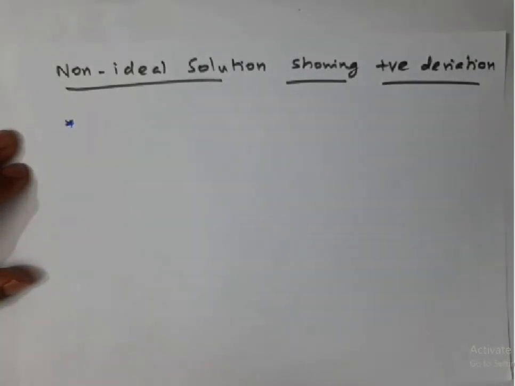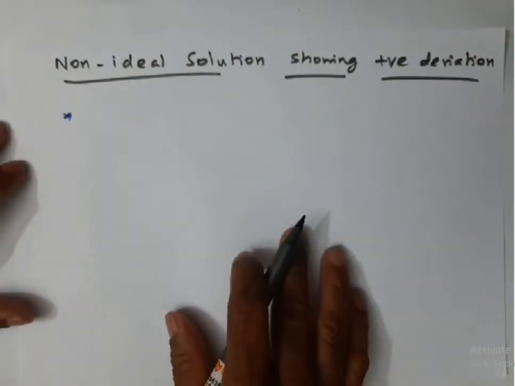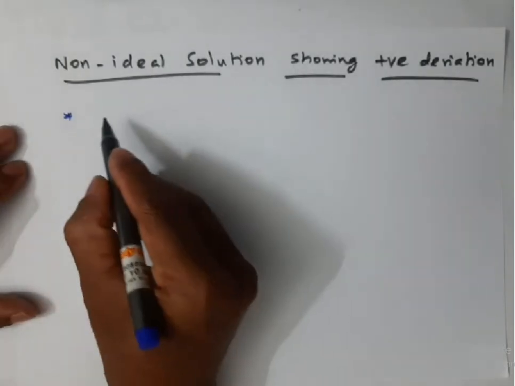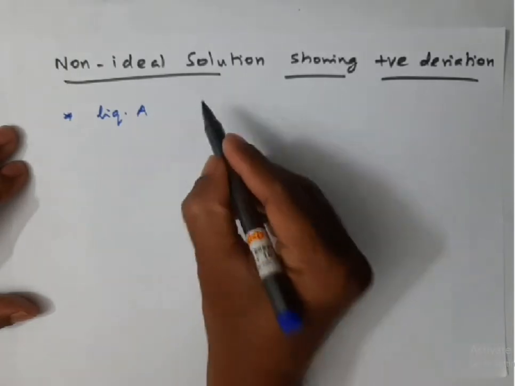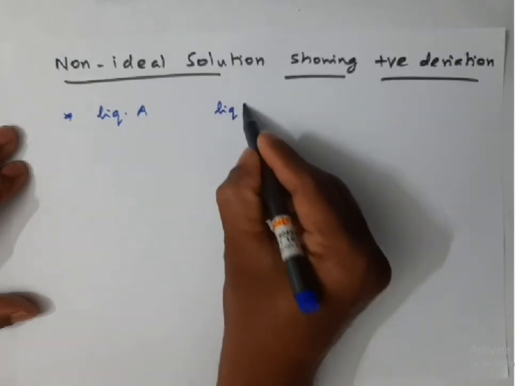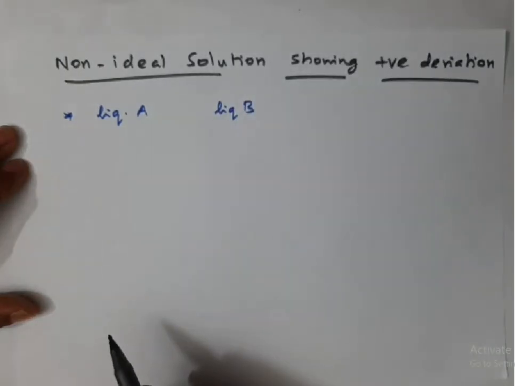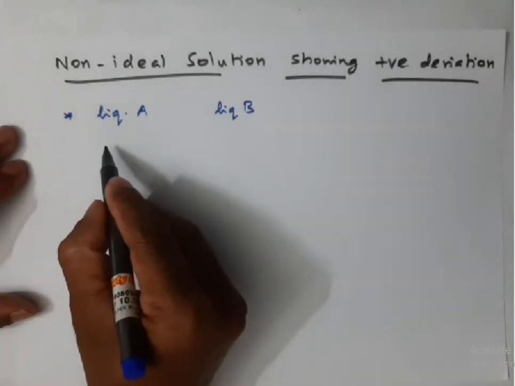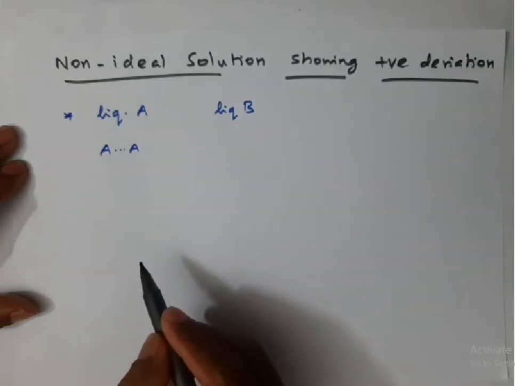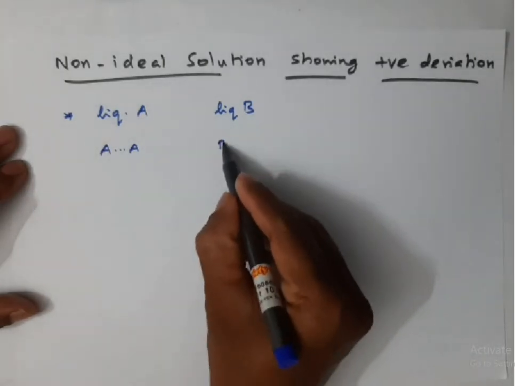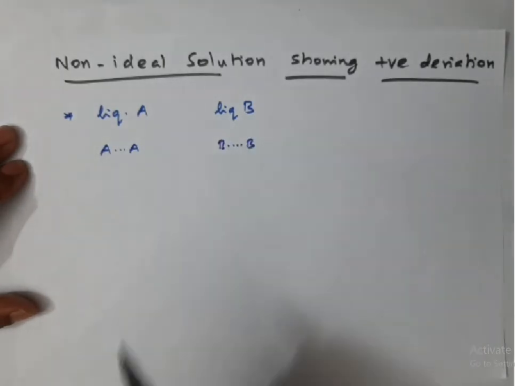When do we get positive deviation? What is meant by this? Suppose I take two liquids, liquid A and liquid B. In liquid A we have attraction between AA molecules. In liquid B we have attraction between BB molecules.